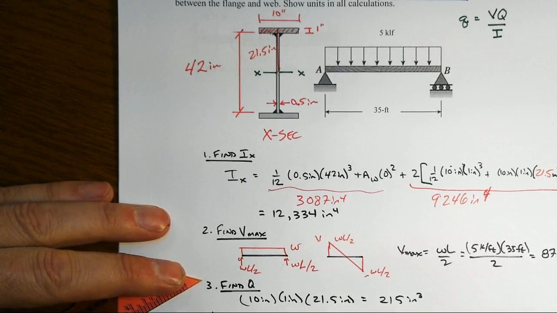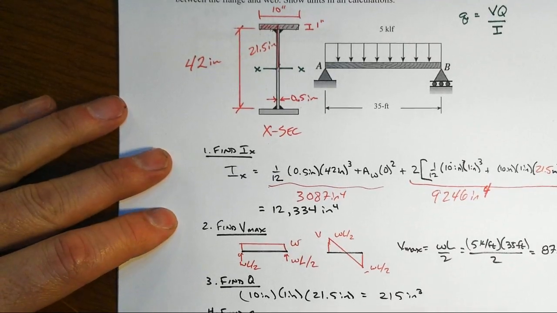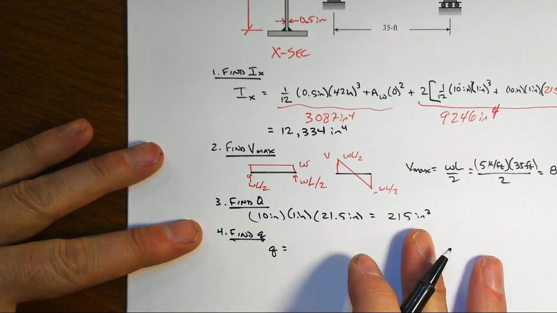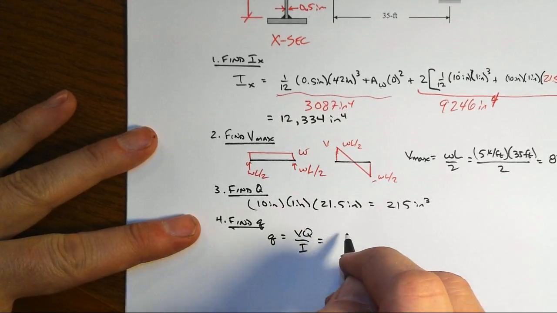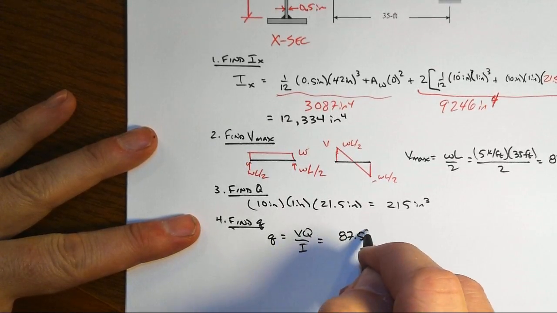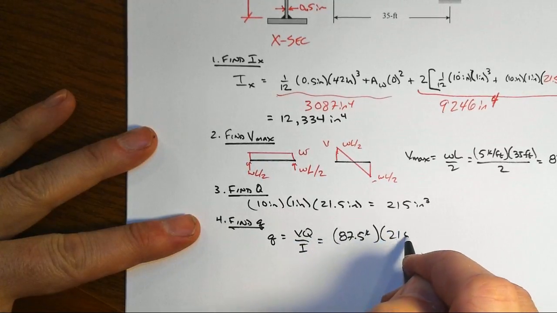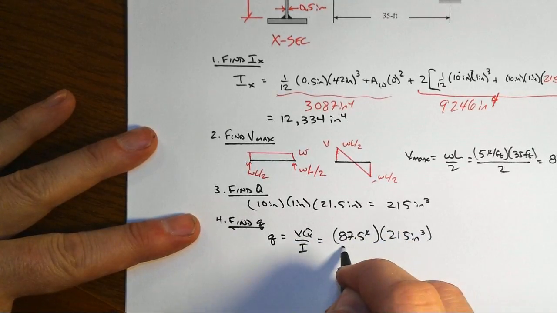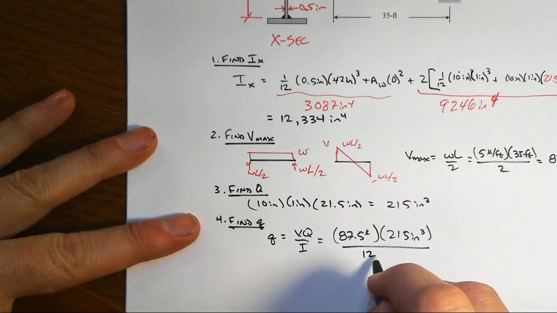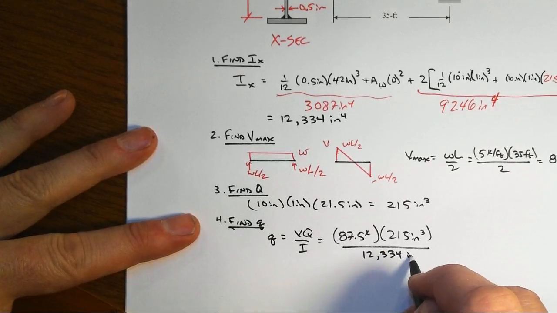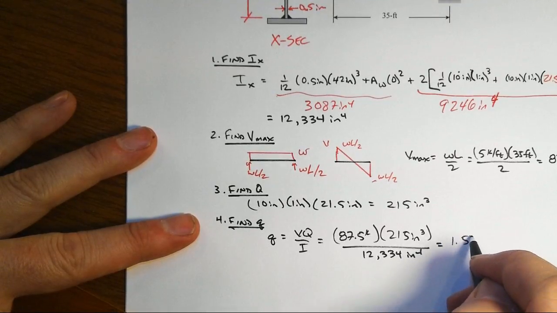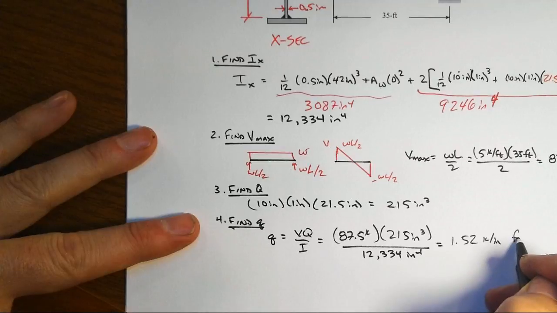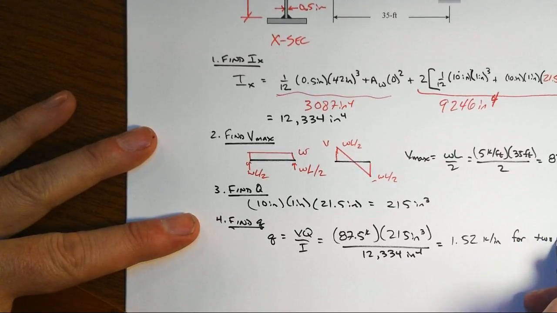Now that's two welds, so we might want to be taking account of that. We've got 87.5 kips for the shear, 215 cubic inches for Q, 12,334 inches to the fourth for the second moment of area, and that will come out to be 1.52 kips per inch for 2 welds.